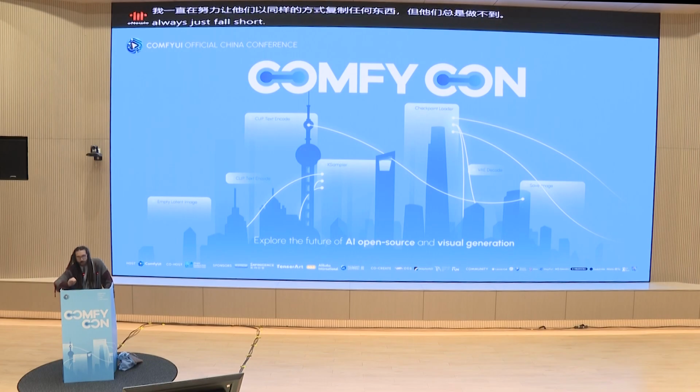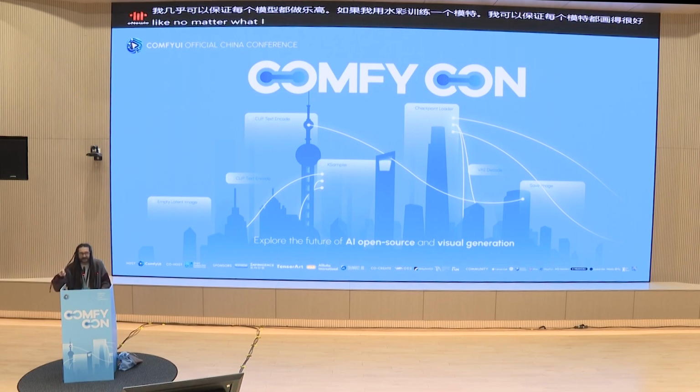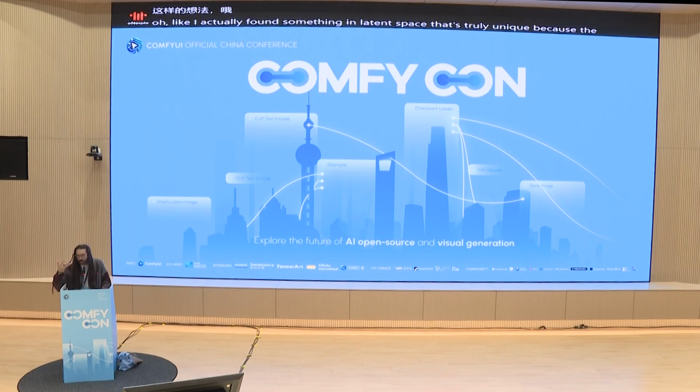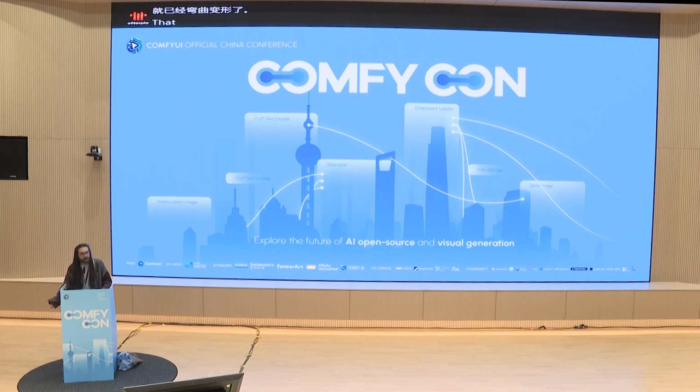I think that's one of the most profound things for me, because if I trained a model on Lego, I can almost guarantee every model does Lego. If I train a model on watercolor, I can guarantee every model does watercolor, right? But when I stumbled upon this style that, no matter what, I could not get out of these other models, it really sparked this feeling that I actually found something in latent space that's truly unique, because the weights are so bent out of shape from when they were first created by the original developers that they are in themselves a piece of art.